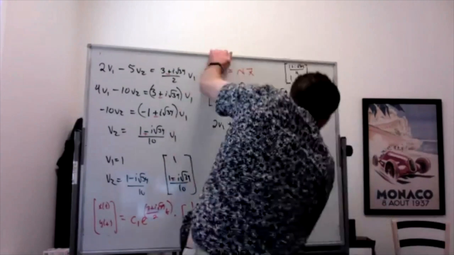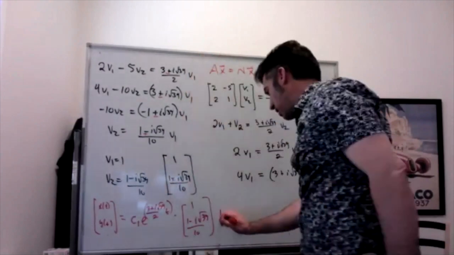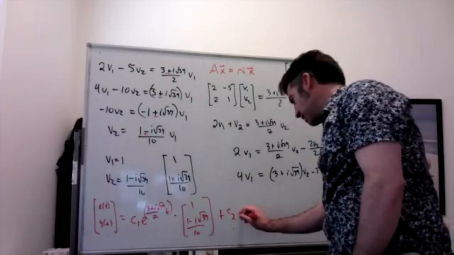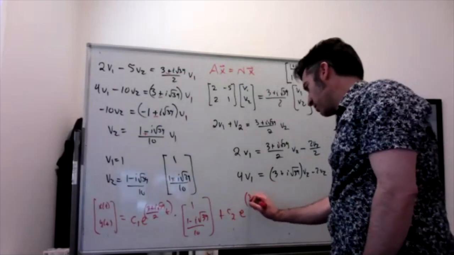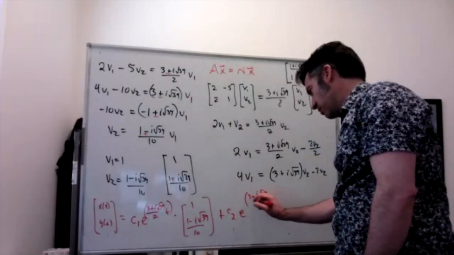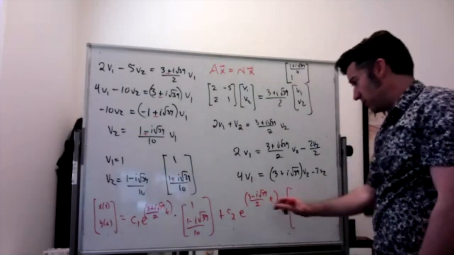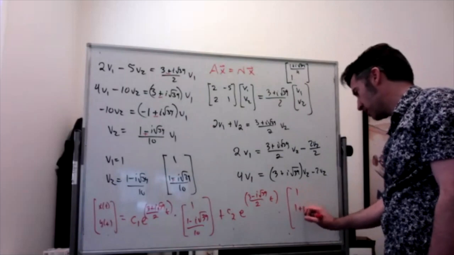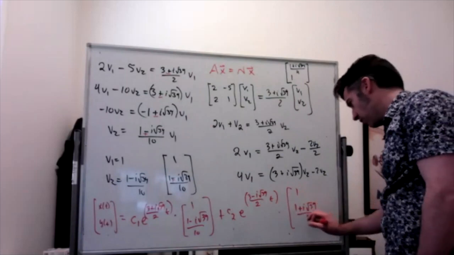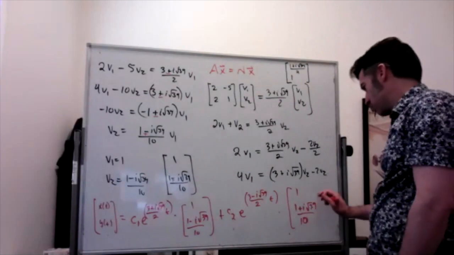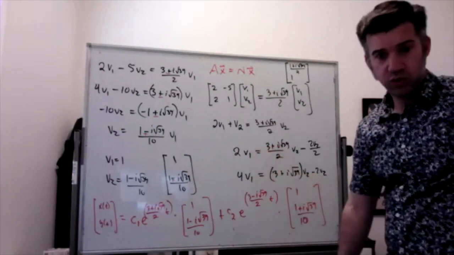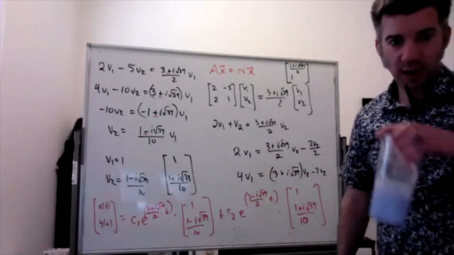And then plus c2 e to the (3 minus i root 39) over 2 times t, times v2, which would be 1 and then (1 plus i root 39) over 10. Whew. Okay.